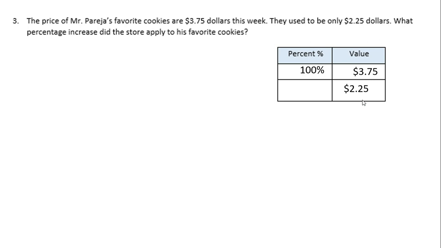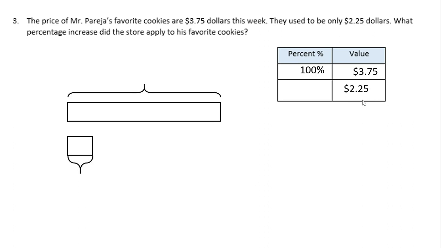So if we set up our model, we have 100% on the top, which is why it's bigger, then 3.75 on the bottom, which is the dollar amount. We don't know the percent, that's what we're looking for, but we do know the new value of cookies, $2.25.